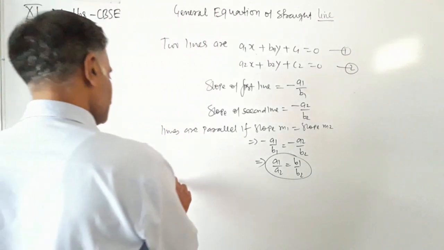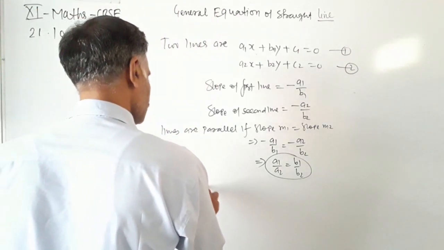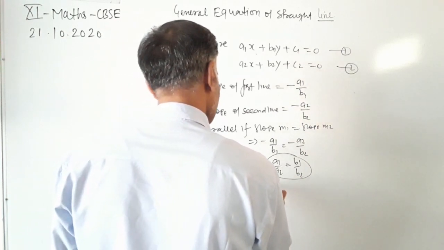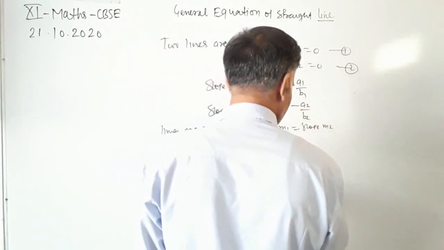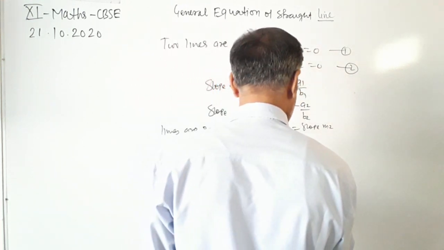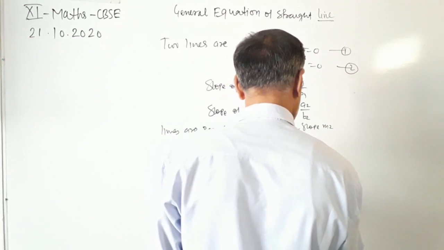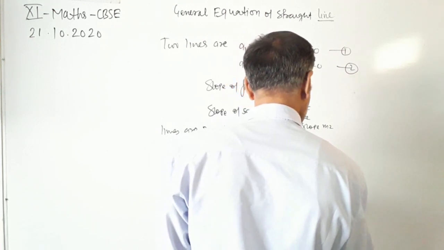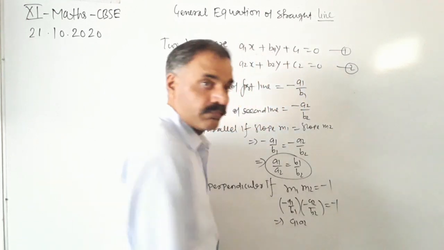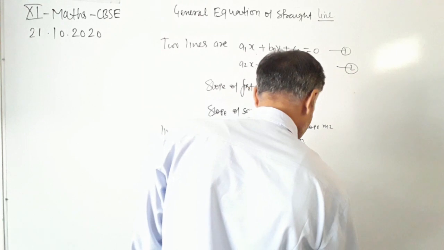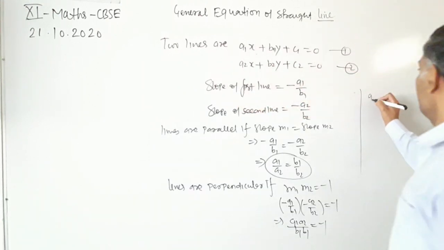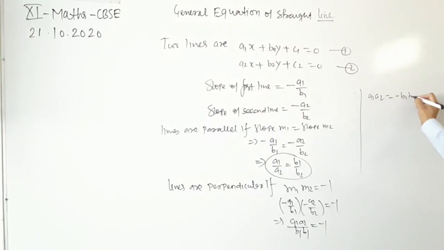Now lines are perpendicular if slope m1 into m2 is equal to minus 1, that is, minus a1 upon b1 into minus a2 upon b2 is equal to minus 1, that is a1 a2 upon b1 b2 equals minus 1, or a1 a2 equals minus b1 b2.